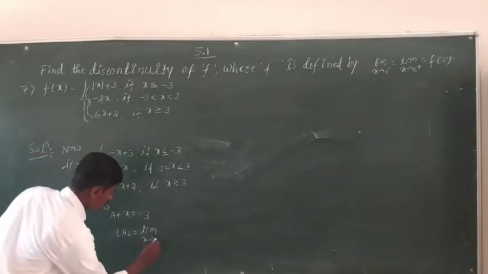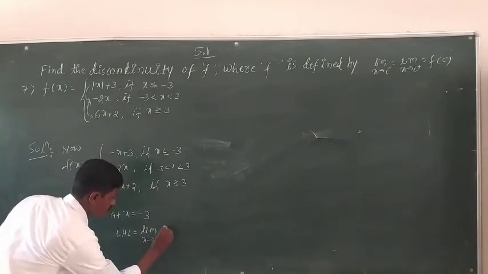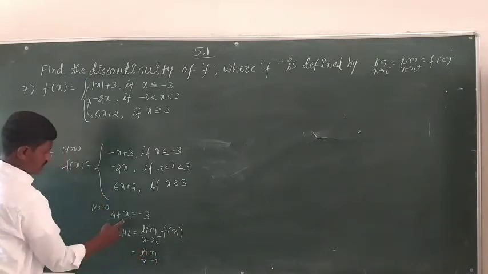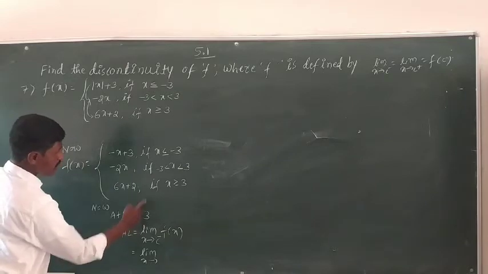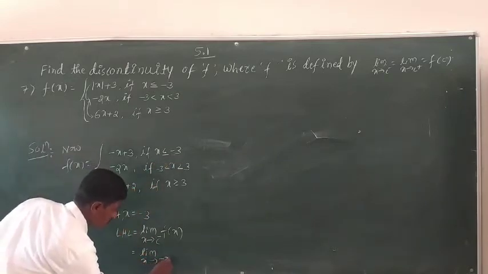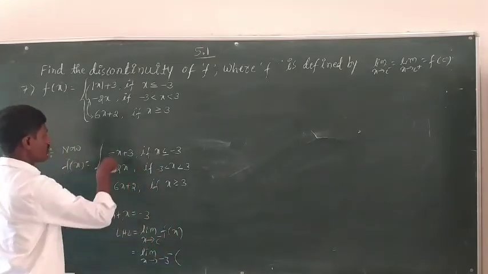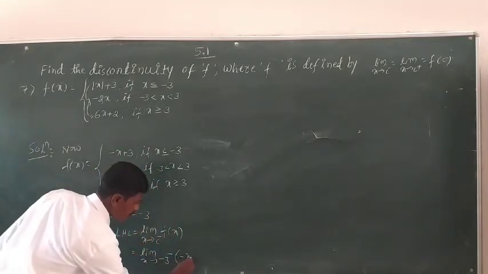Here, the limit as x tends to c minus of f of x. The left hand limit is as x tends to minus 3 minus, and on that occasion the function is minus x plus 3.